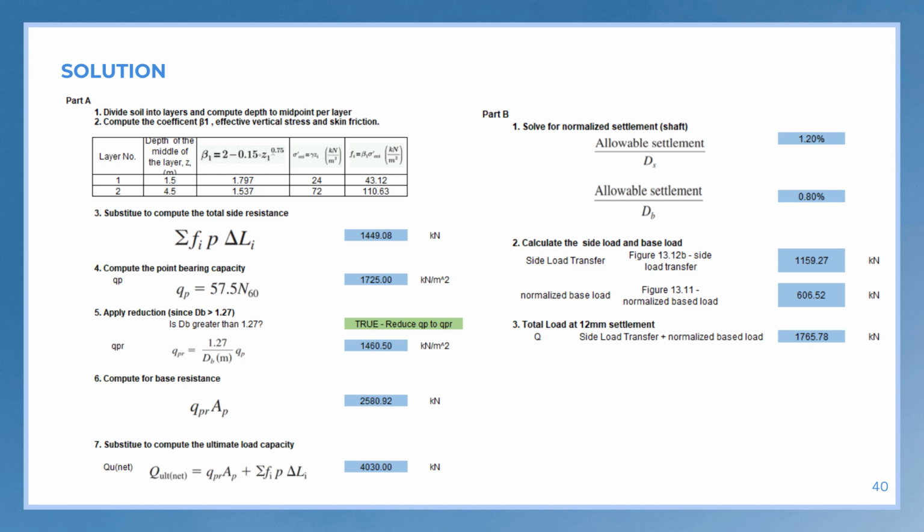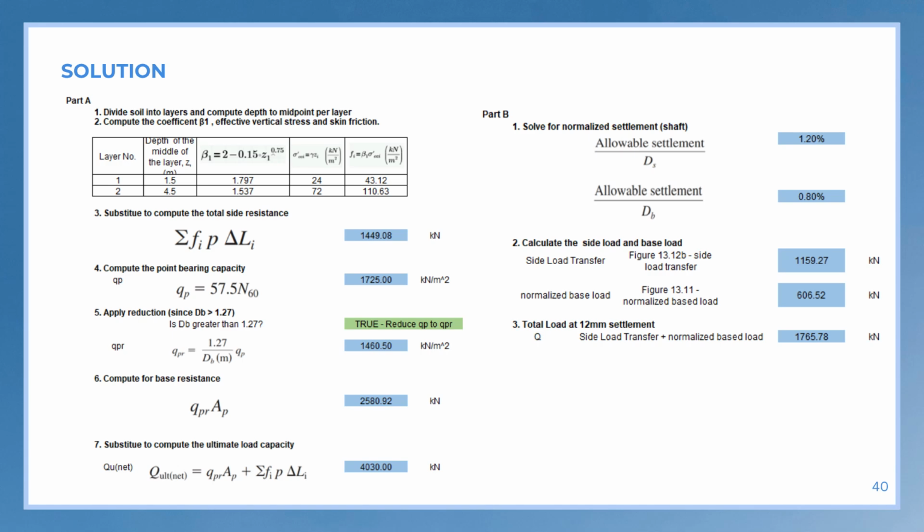So in part A, the soil is divided into layers so that the shaft resistance can be calculated more accurately. The value of beta sub 1 is determined for each layer. Then the effective vertical stress and skin friction are computed to obtain the total side resistance.